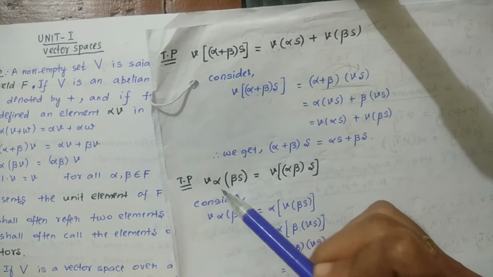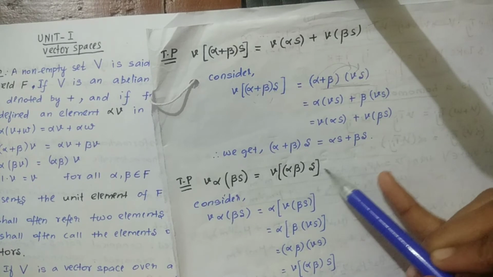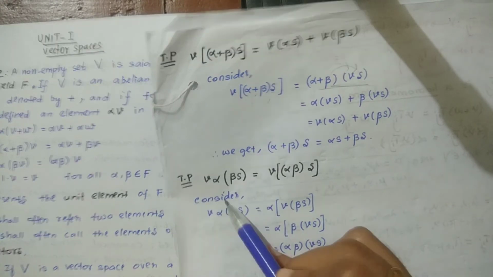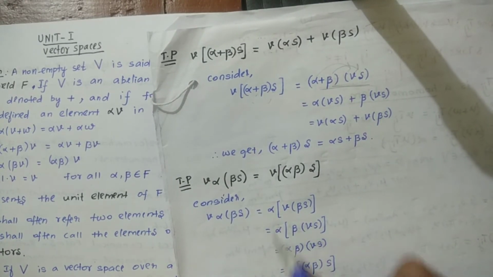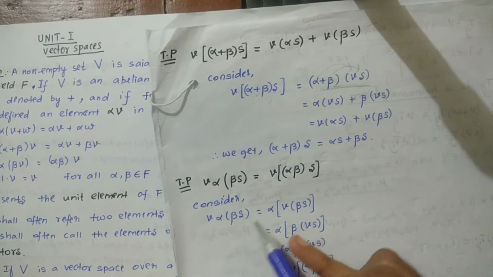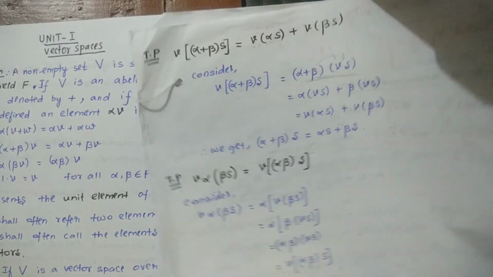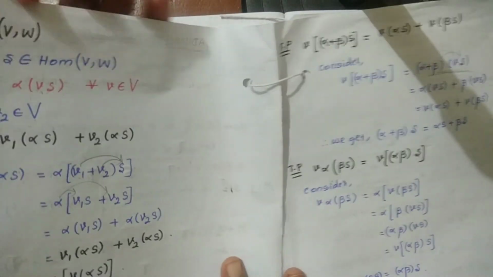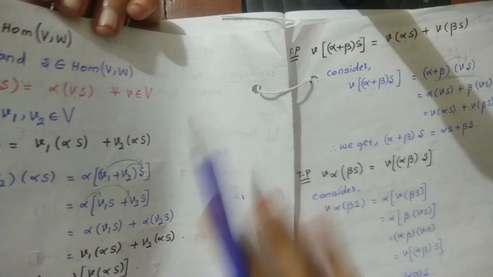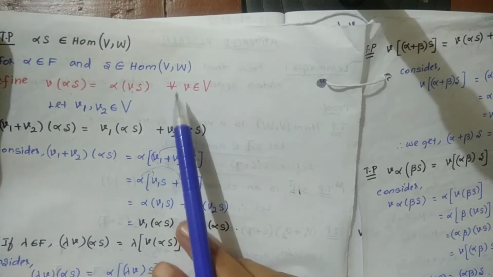Third condition is v alpha of beta is equal to v of alpha bs. Okay, so consider the left hand side. So from this you can write, take alpha outside, v in, and beta s in one bracket. Okay, here is nothing to get confused. Everything you are writing in this format.